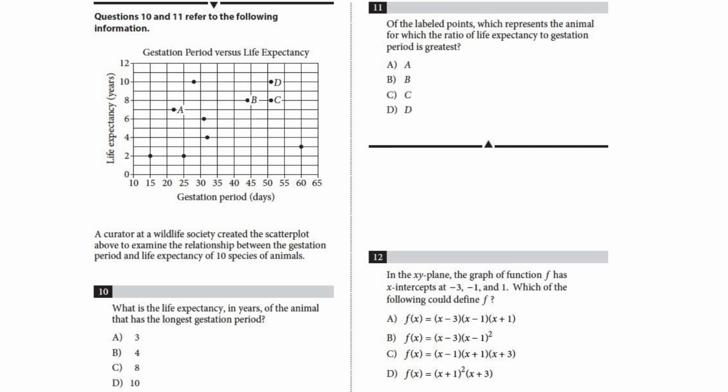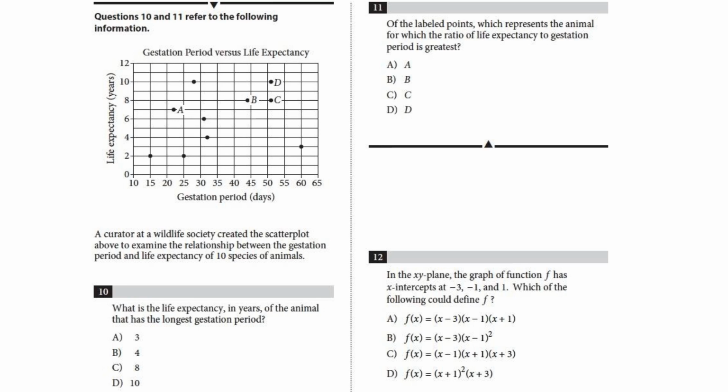Gestation period versus life expectancy. A curator at a wildlife society created the scatter plot above to examine the relationship between the gestation period and life expectancy of 10 species of animals. What is the life expectancy in terms of the animal that has the longest gestation period?